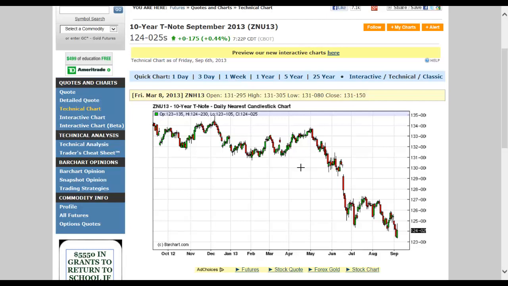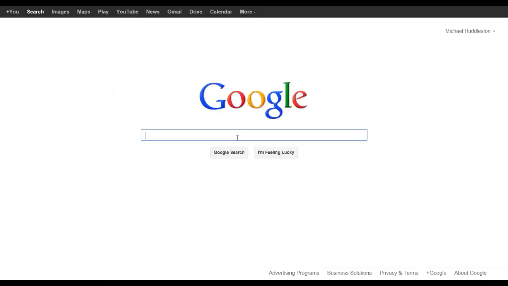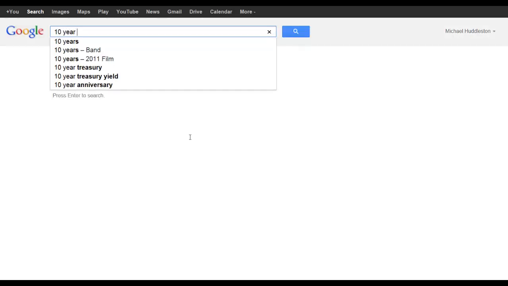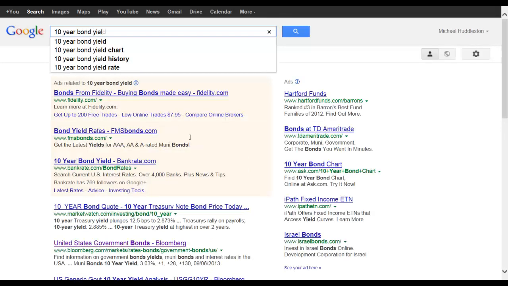But there is a way of looking at the market on interest rates, so you can see where the tide is changing and turning. Now we're going to come back to this chart, but for another free resource, we're going to create another tab, and we're going to do a 10-year bond yield chart.